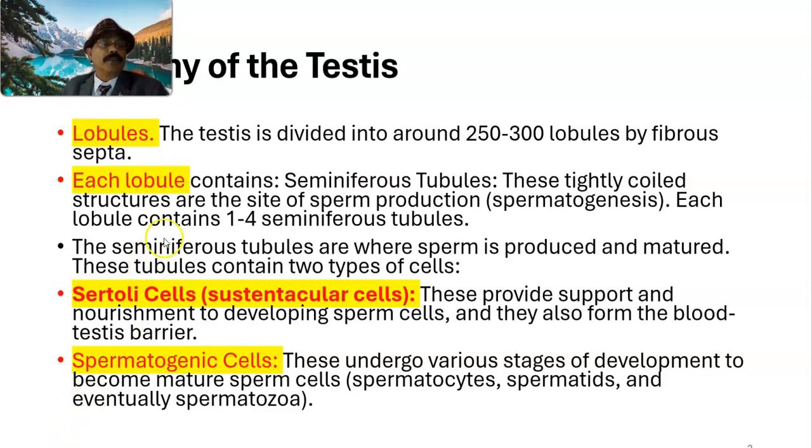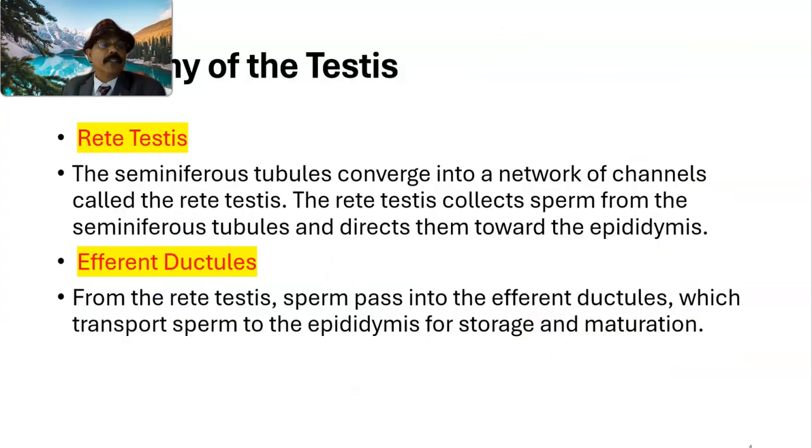So we have around 250 to 300 lobules. Each lobule contains seminiferous tubules. In the seminiferous tubule, we have Sertoli cells and spermatogenic cells.